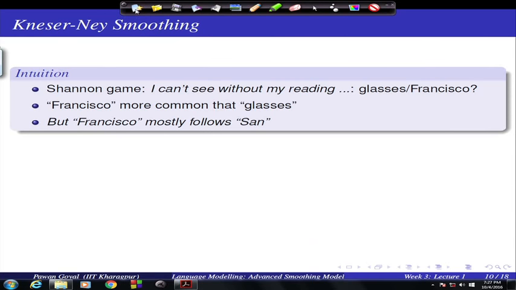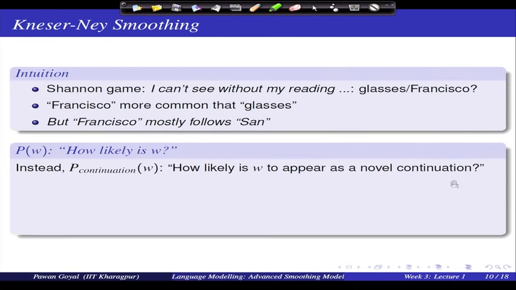So formally, how does this method use this intuition? Instead of using the simple unigram probability of a word, we use the probability of the continuation word, that is, how likely this word is to appear as a novel continuation. What do I mean by novel continuation? How likely it is to complete a bigram or an n-gram. So how do I find this probability? For each word, we have to count the number of bigram types it completes, that is, how many bigrams have it as the last word.